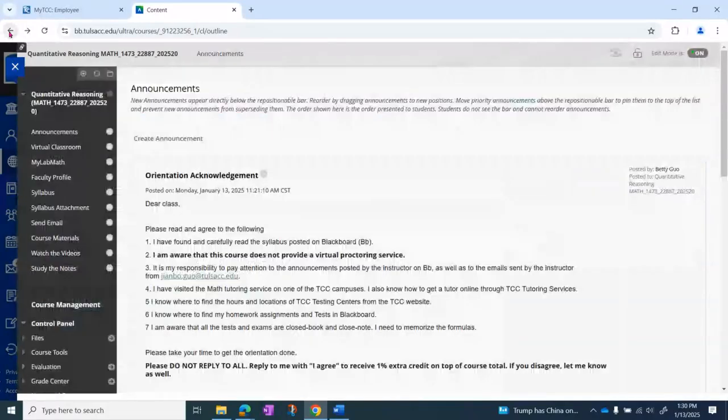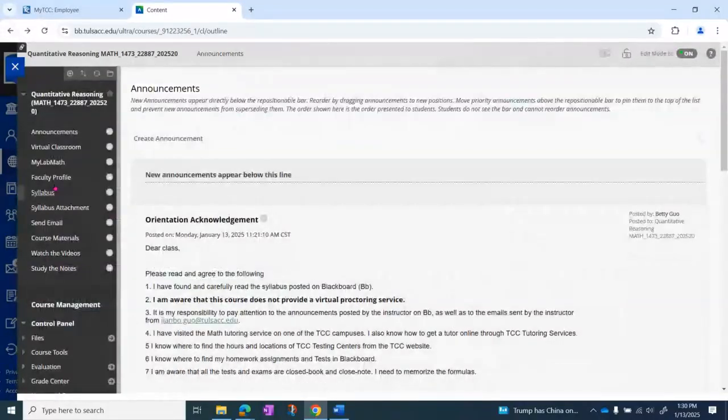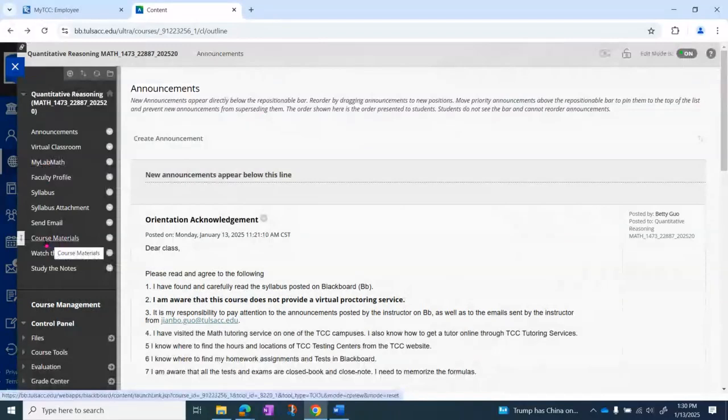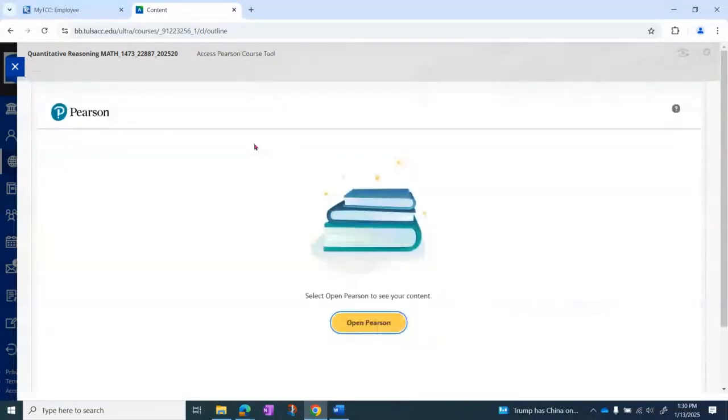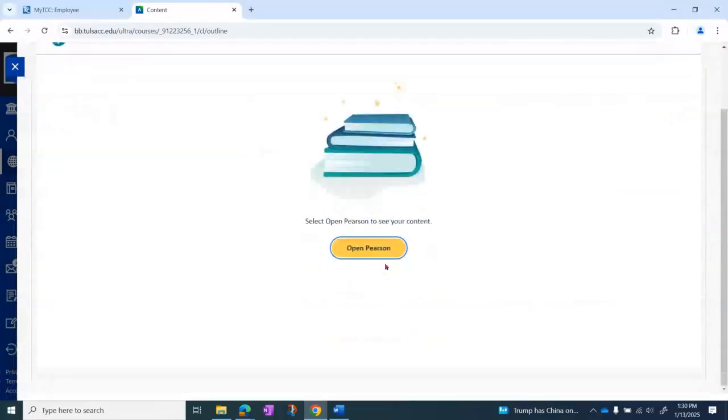And in the menu, find My Lab Math. So just now in course materials, you have the access code, copy it. Now you go to My Lab Math, you're going to paste it. It's going to be a little bit more complicated than that. Since I'm already enrolled, I'm the host, so you will see something different from here.